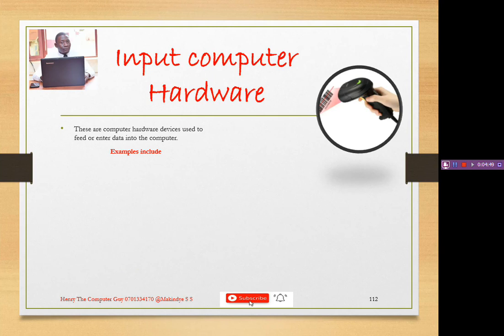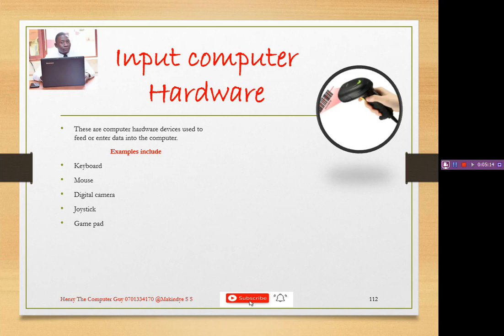And we have some of the examples. We have the keyboard. It is used to enter the characters. We have the mouse, used to make selections on the screen. We have the digital camera. You want to take some pics, capture photographs. We have a joystick. You want to control a computer game, it is used for that.